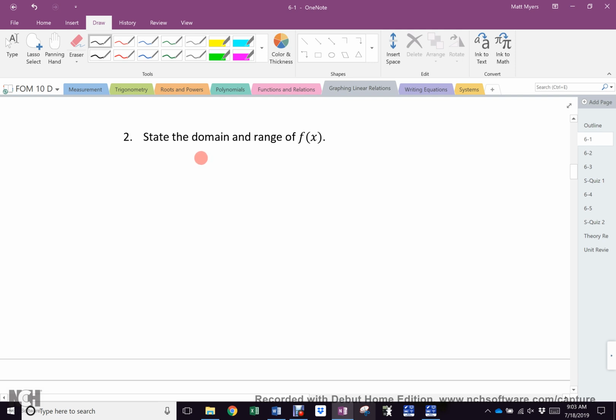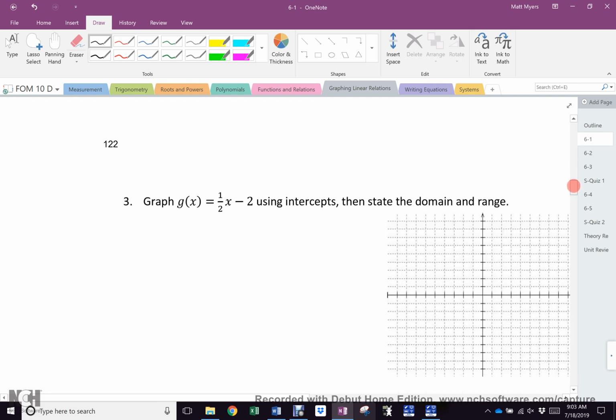Yep. And if I have every single x in the universe, I must have every single y in the universe, right? So the domain is x is all real numbers, or negative infinity to positive infinity. Y is all real numbers. Everybody cool?